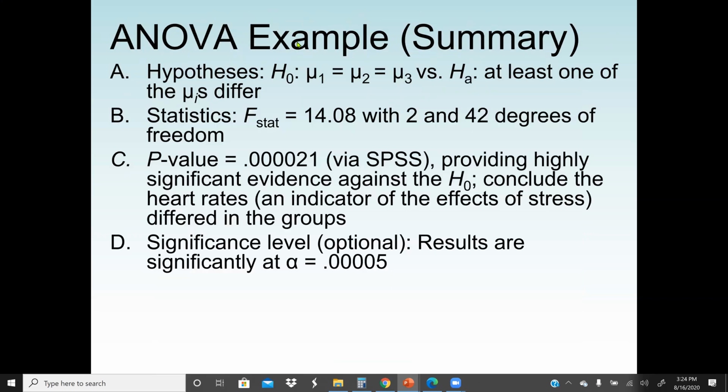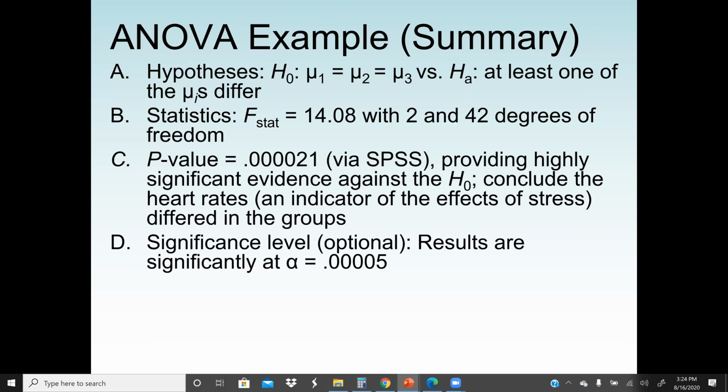So to summarize the ANOVA example, ANOVA is a hypothesis test. First we state our H0 and our HA. When we are doing ANOVA, we compare everything at once. So here we have mu1 equal to mu2 equal to mu3. Then HA will say at least one of them is not the same, or they differ. After we state our H0 and HA, the next step is to do our test statistic.